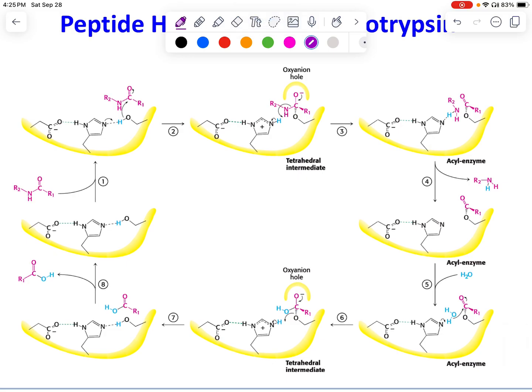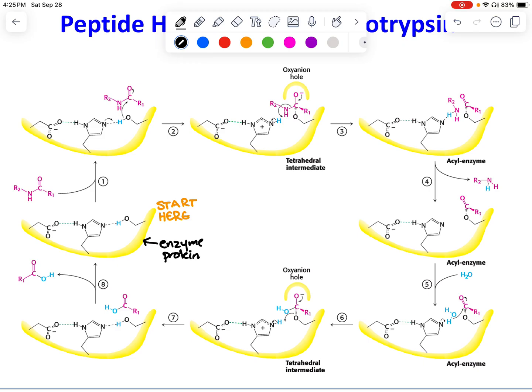Let's get oriented here. We're going to start right here in the middle on the left. Let's do this in different colors. So what you see in the yellow is the overall enzyme, and we're just not showing all the specifics.